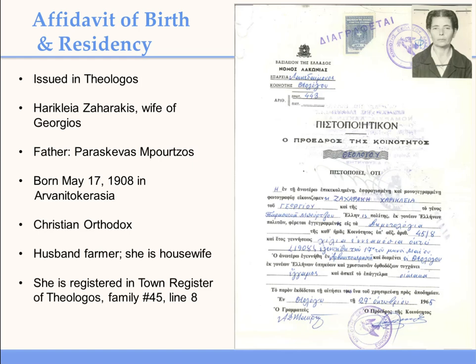Aha, okay, I now have her maiden name and I have her father's name. It gives me her birth date. It gives me her village. It tells me that her husband is a farmer. And it also gives me an additional record that I can check, the town register for the village of Theologos. If I go to family number 45 and I look at line 8, I will find Hariklia there.